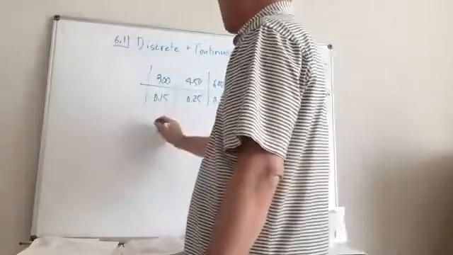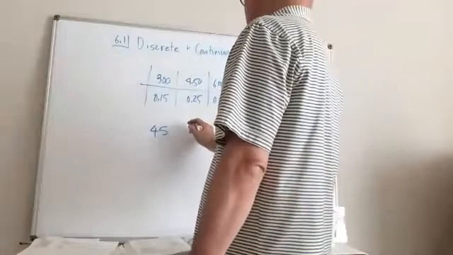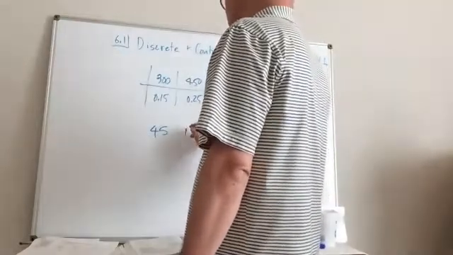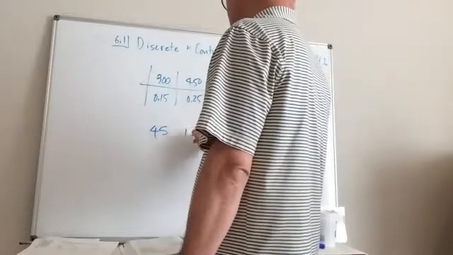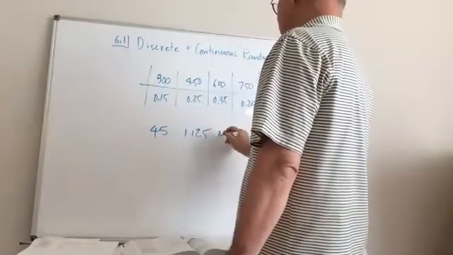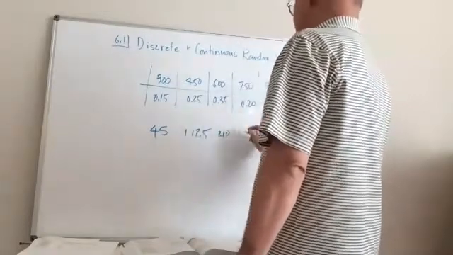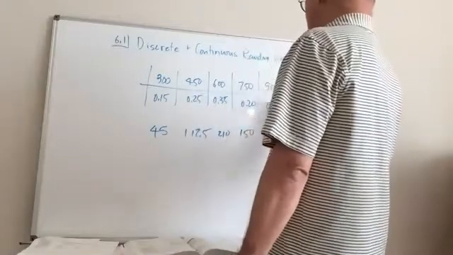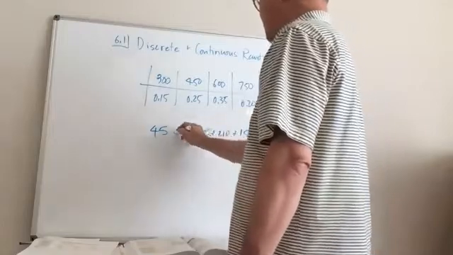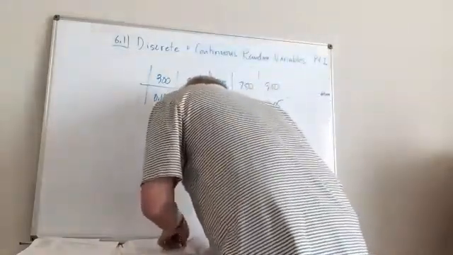If you did this, I get $45. Add this together, you get 112.5. Add this together, you get 210, and 1/5 of 150 would be 45, and then you would just add these together, right?